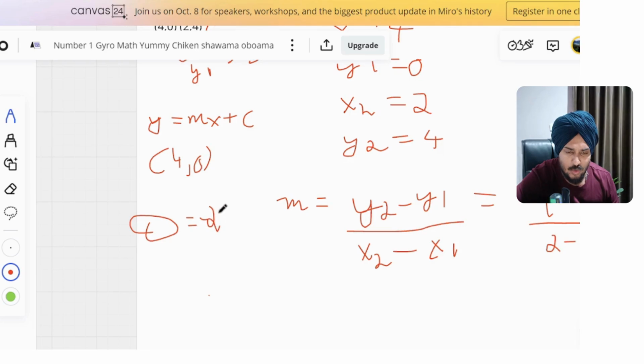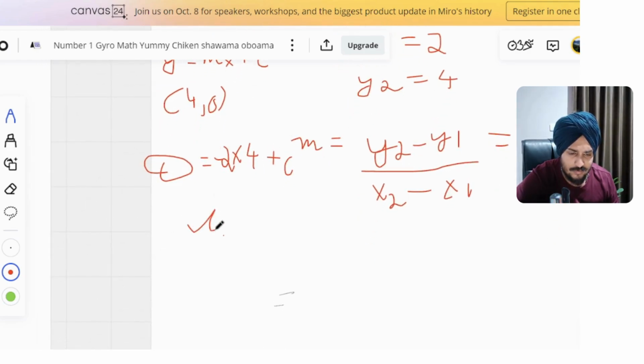Y is 0. M is, you guys know, minus 2, multiplied by x, how much is x? 4, plus c. All right? And if you try to solve it, the value of c you will get is 8. 4 multiplied by minus 2 will be minus 8.